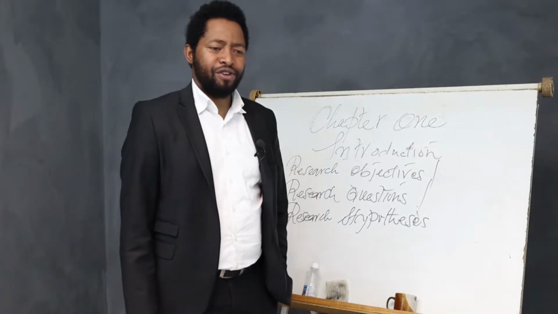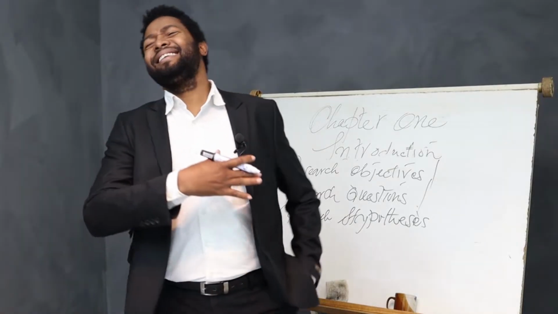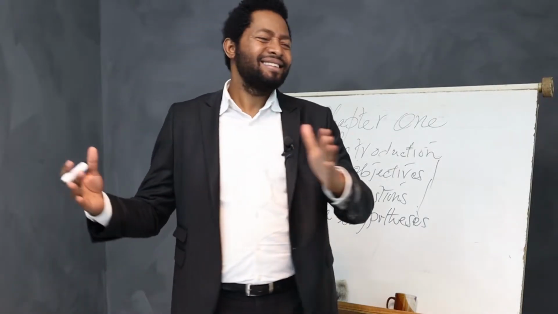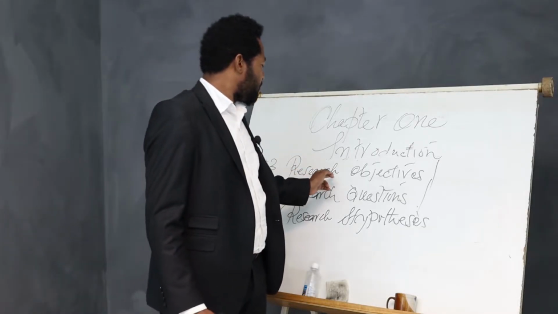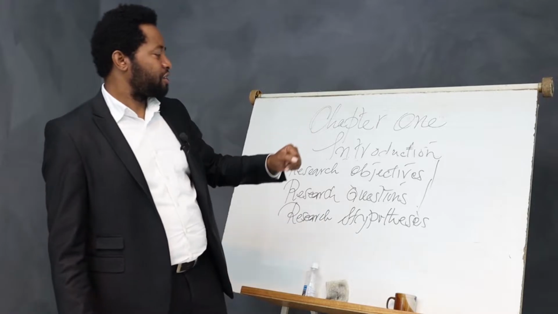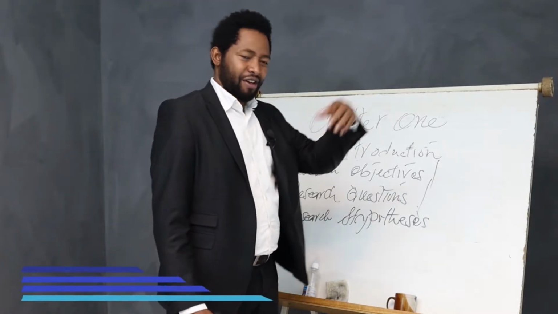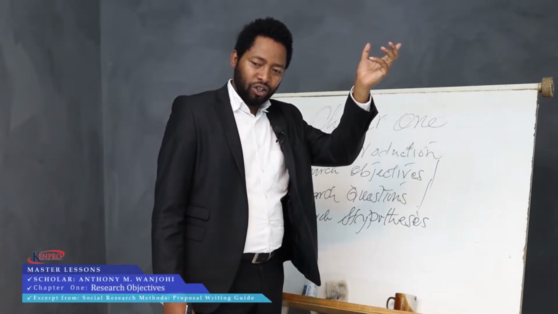I've seen students of research with very scattered research objectives. Very scattered. For me to be able to enlighten the component of research objectives, let me look vis-a-vis a research title.